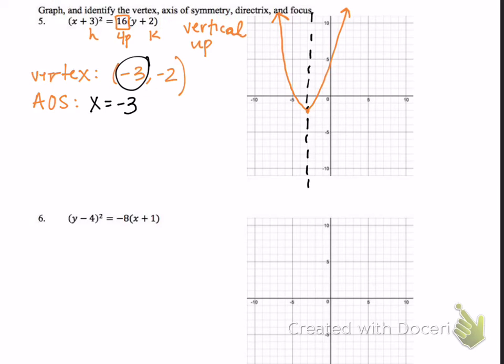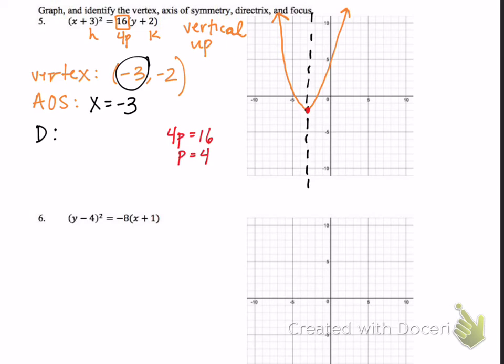Then my directrix. My directrix is going to be a line away from the vertex. So if my vertex is at -3, -2, I need to find what my p is. Up here I said that 4p equals 16, so p equals what? 4. So I start at my vertex right here, and to draw my directrix, I'm going to go 4 units away from the vertex, going down.